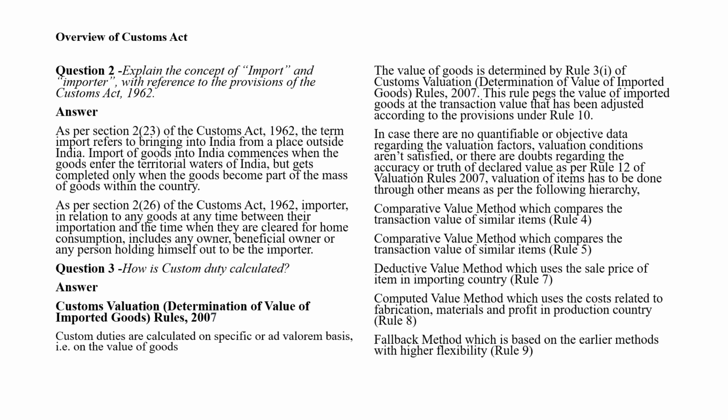In case there are no quantifiable or objective data regarding the valuation factor, valuation conditions are not satisfied, or there are doubts regarding the accuracy or truth of declared value, as per Rule 12 of the Valuation Rules 2007, valuation of item has to be done through other means as per the following hierarchy. So remember the following steps. Comparative value method, which compares the transaction value of identical item, Rule 4.